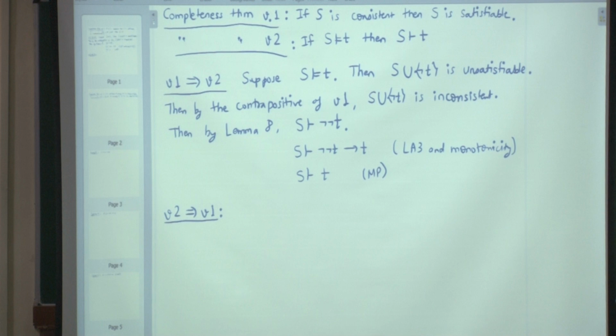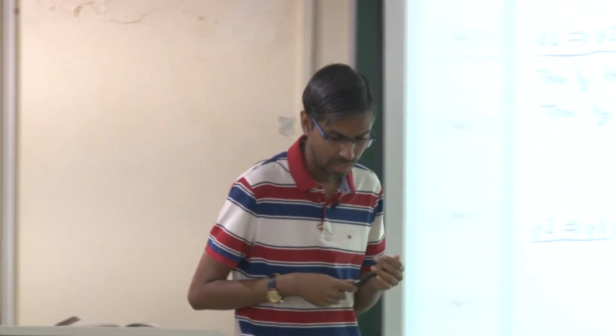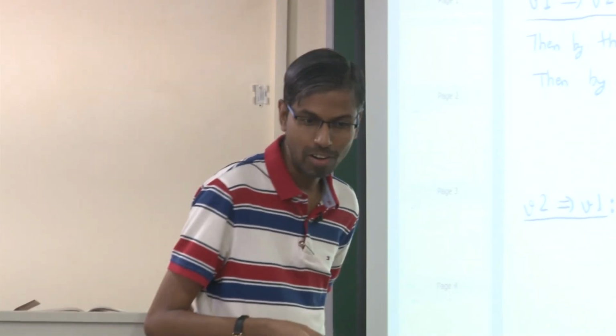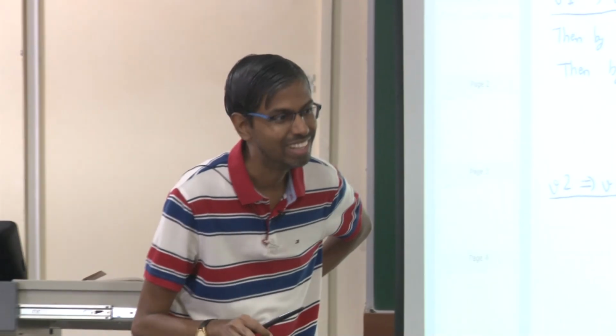We had a contrapositive of this statement, negation V1 implies negation V2. So V1 fails: S is unsatisfiable and it is consistent. In general that's a good thought, but we shouldn't try to contradict something like the completeness theorem.